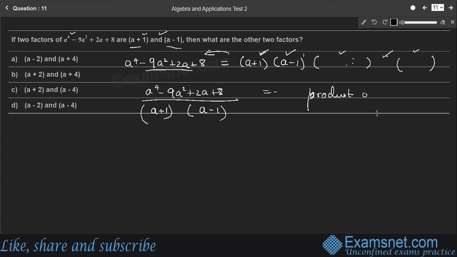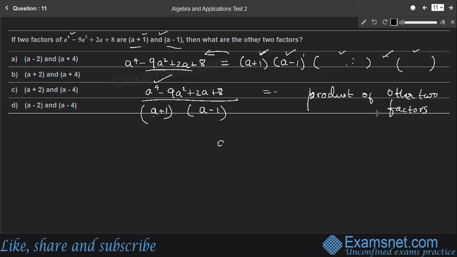Product of other two factors, right? So let us find the product of the other two factors first. Later we can individually find the other two factors. So let us consider the expression divided by a plus 1 into a minus 1. So a plus 1 into a minus 1 is nothing but a square minus 1, right?